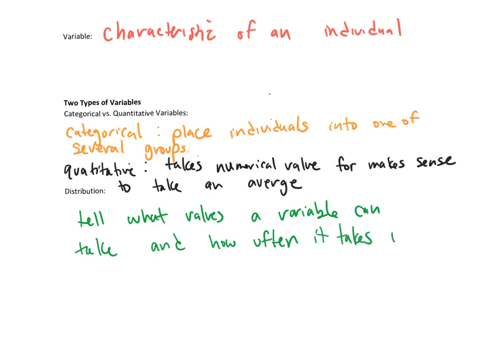If I think about colors, there are only so many colors I can list. But if I say something like the weight of an animal, there are infinitely many values for that quantitative variable, because you can have decimal weights and all these kinds of things. So there's really an infinite number of values in that distribution. Some distributions are what we call discrete because they only have a certain number of values they can take on. Others are called continuous because there are infinitely many values they can take on.